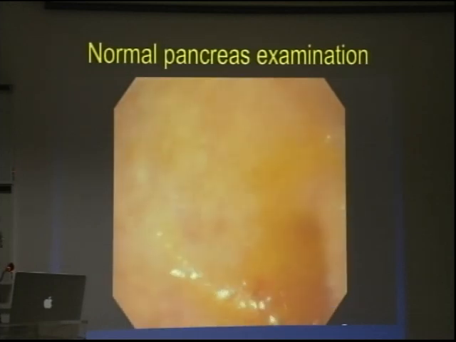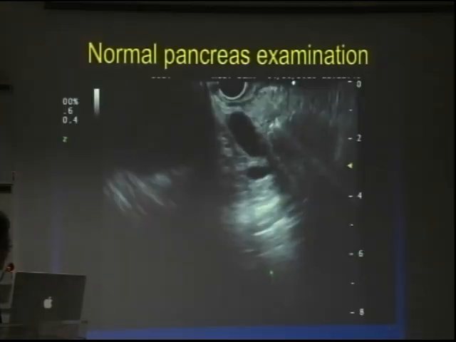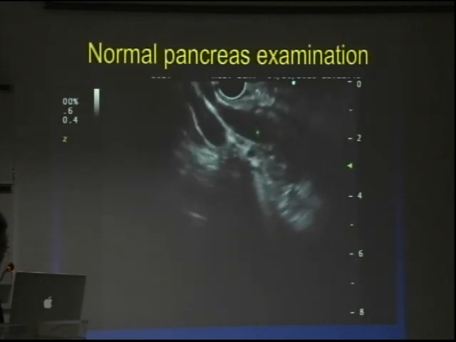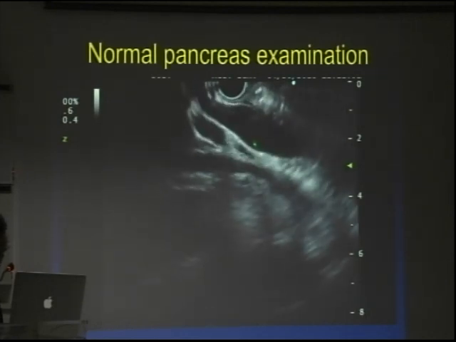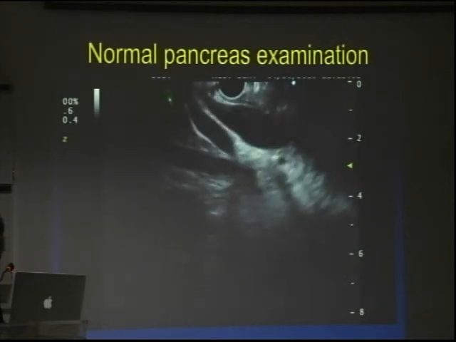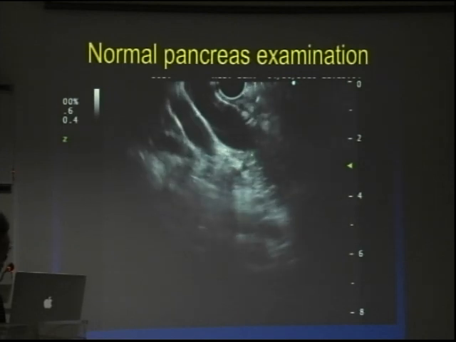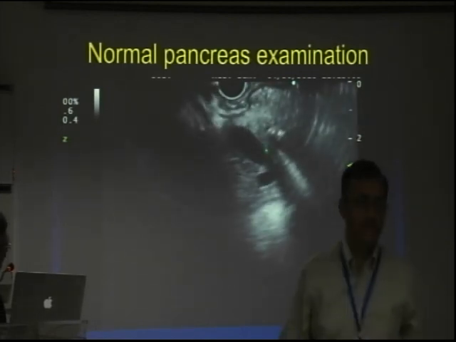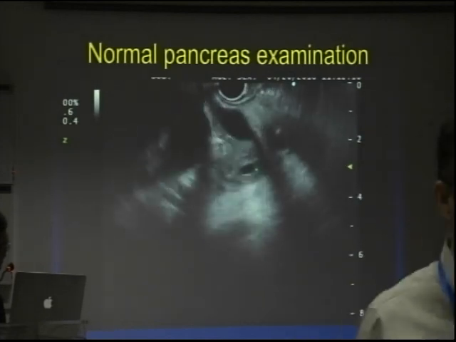So now you're going into the duodenal bulb, and here in the duodenum you see the bile duct right there. To follow the bile duct towards the liver hilum, you rotate anti-clockwise until you get to the hilar area. To see the papilla, you rotate clockwise, and you see the bile duct and pancreatic duct right here.